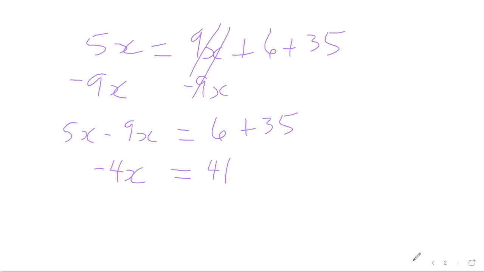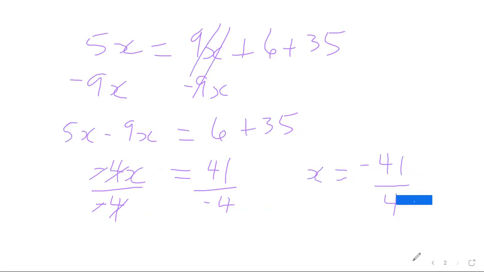So now for x to be lonely, you've got to divide by negative 4. That gives you x equals 41 divided by negative 4. A positive divided by a negative is negative, so the negative comes up. And that becomes your final answer.